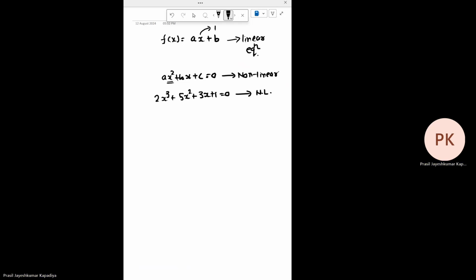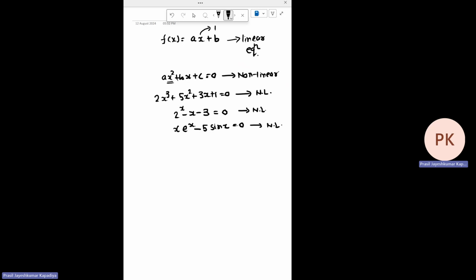Let's say we have an equation 2 raised to x minus 3 is equal to 0. This is also called a nonlinear equation. Let's take one more example: x into e raised to x minus 5 times sine x is equal to 0. This is also a nonlinear equation.